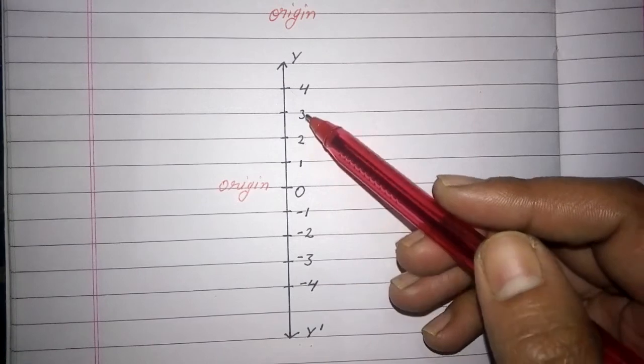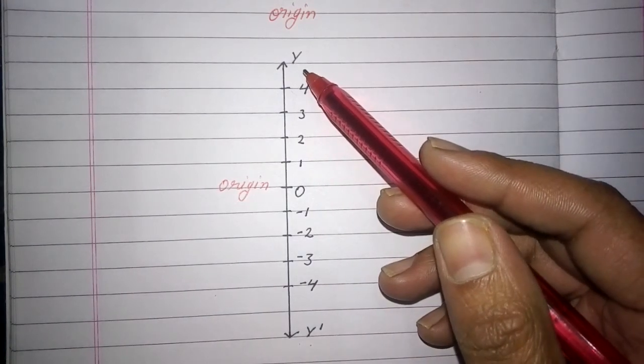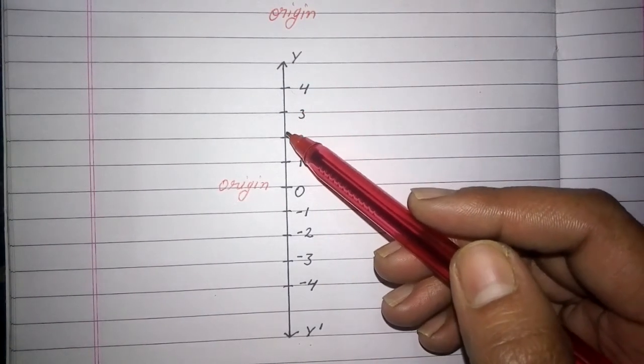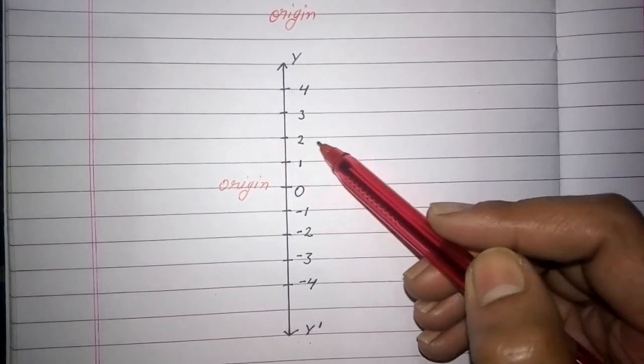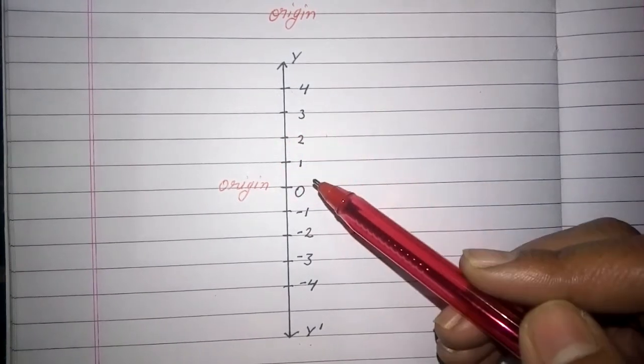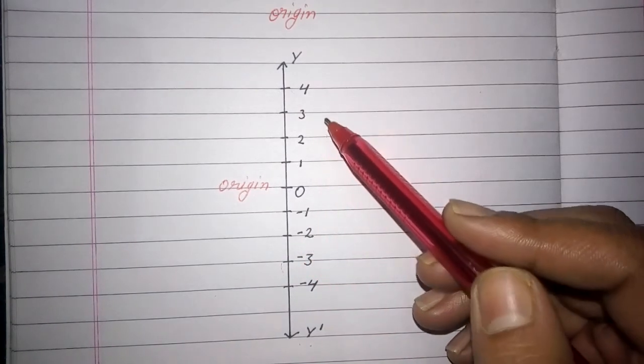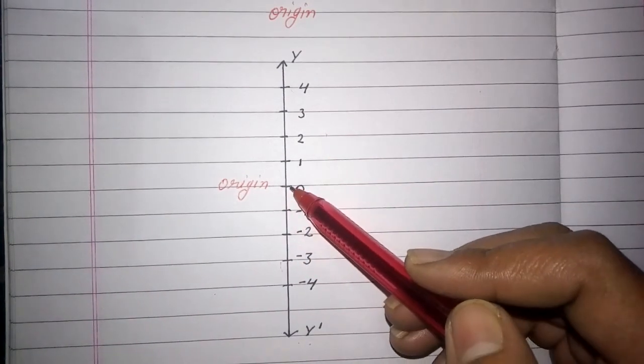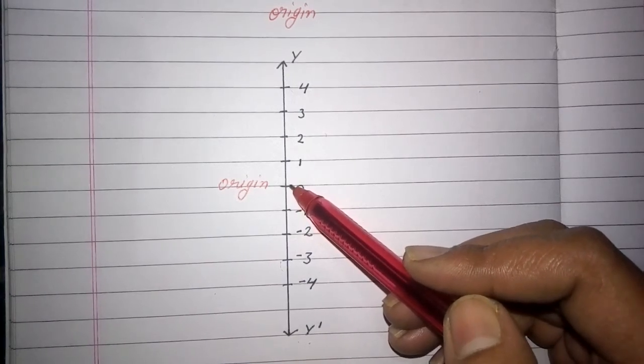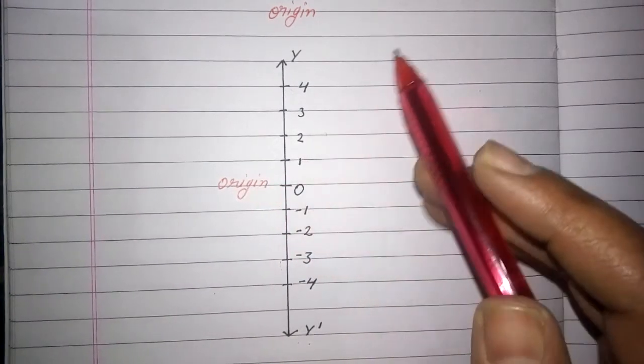If in the vertical number line you have to locate the point 2, this is the point 2, you can circle this, and this is minus 3 in the vertical number line. This 0 is the origin.